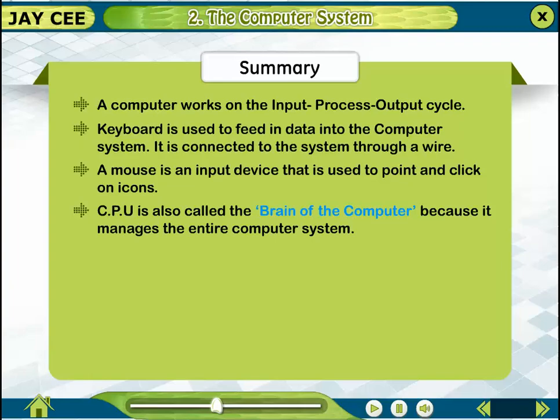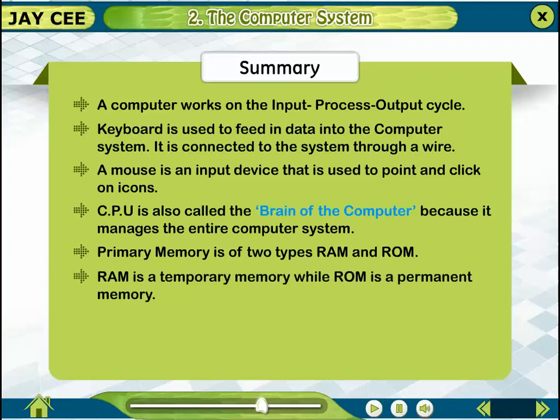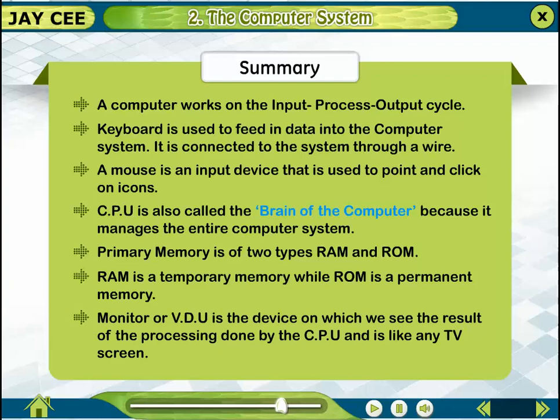CPU is also called the brain of the computer because it manages the entire computer system. Primary memory is of two types, RAM and ROM. RAM is a temporary memory, while ROM is a permanent memory. Monitor or VDU is the device on which we see the result of the processing done by the CPU and is like any TV screen.